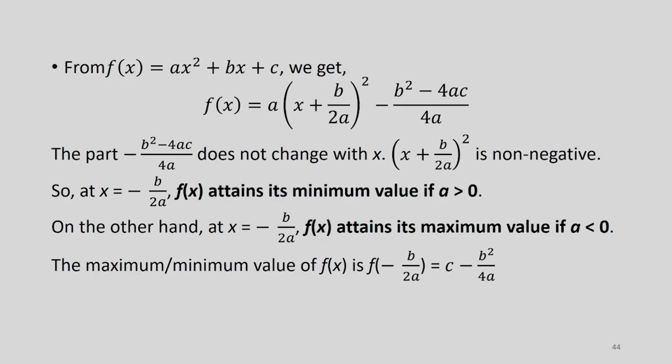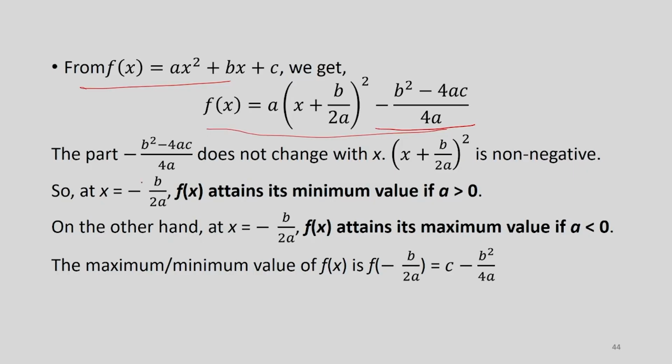Let us take the general form, which is f(x) = ax² + bx + c, and we can write this by completing the square. a is getting multiplied by a whole square term, within that there is x, and then you have this other part which is minus (b² − 4ac) divided by 4a.